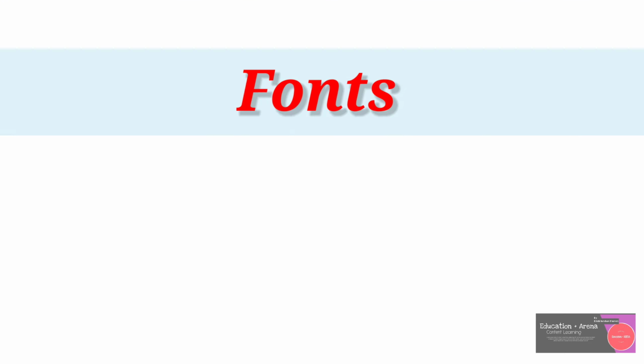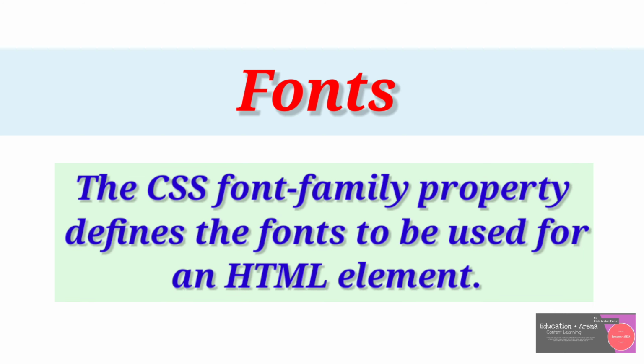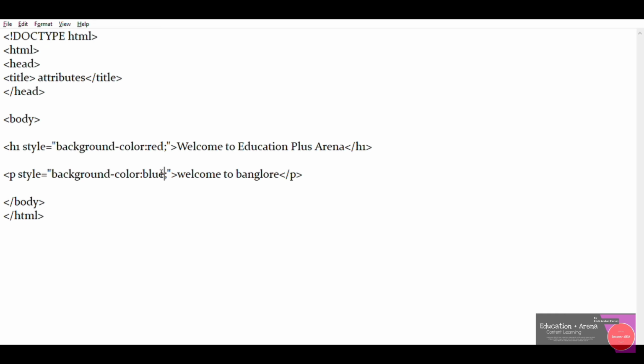Now the next style is fonts. The CSS font family property defines the font to be used for an HTML element. So let's see an example. Here I will change this background color property to font family. And now I'll give the font name Verdana in the property value. Now the same thing I will do for the paragraph also.